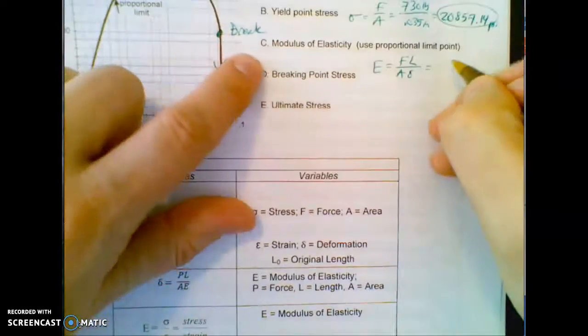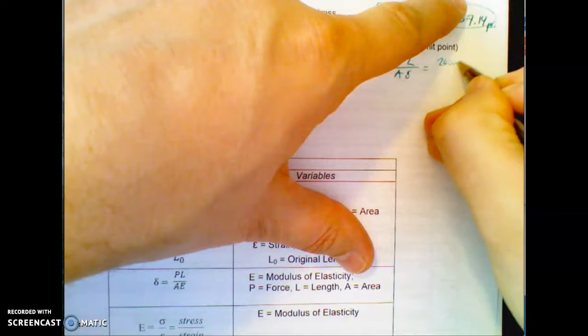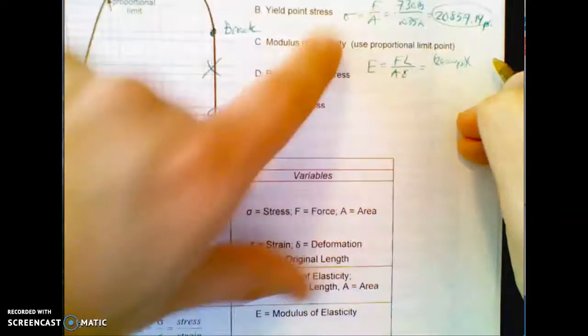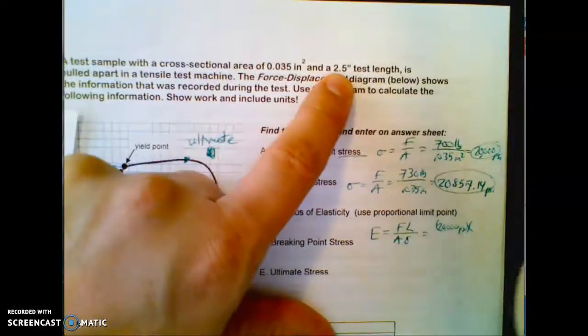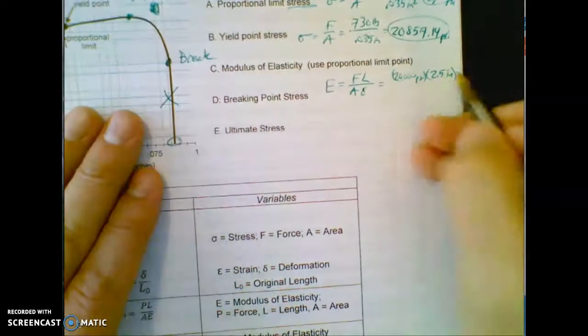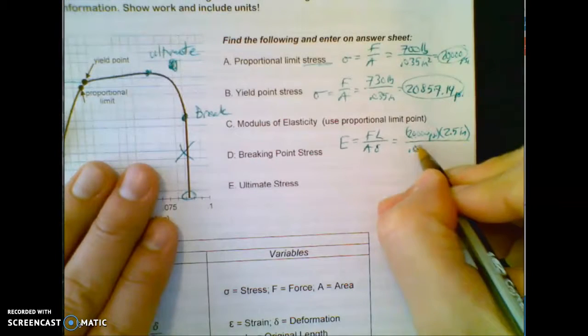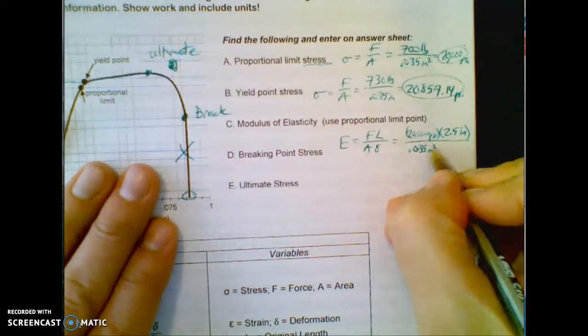Okay, so my force, we just figured that one out. That's the 20,000 psi times original length, that was the 2.5 inches, okay, over, and my area is 0.035 inches squared.